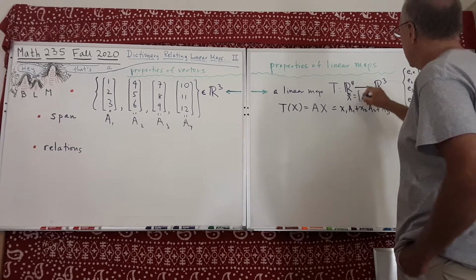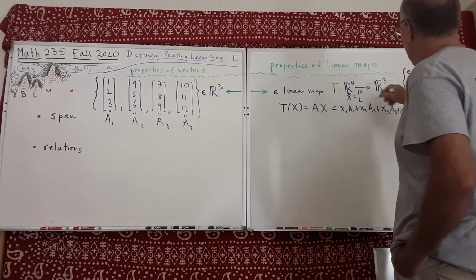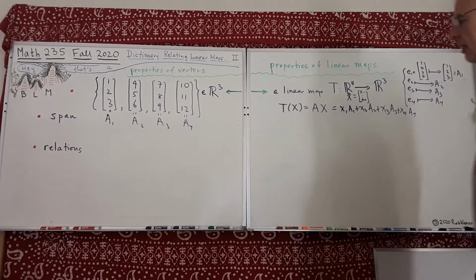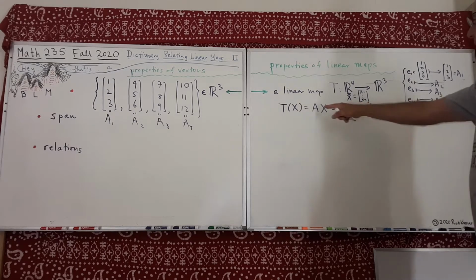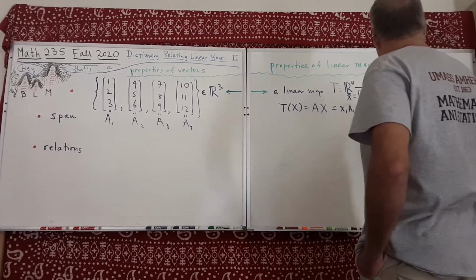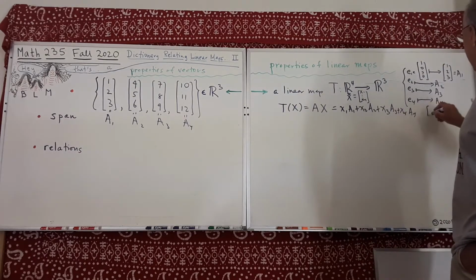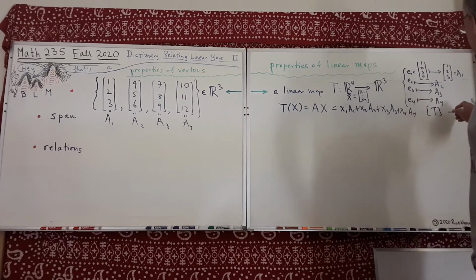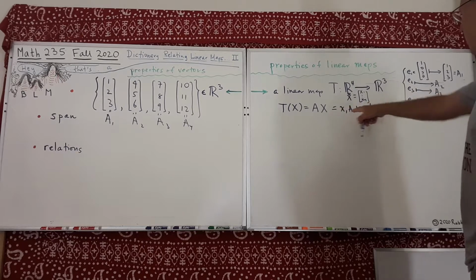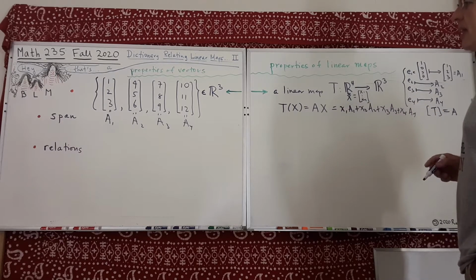X, of course, is the linear combination of E1 through E4, namely x1 down to x4 if I write it as a column. So that's the linear map expressed as matrix multiplication. Yet another way to say this is that the standard matrix for T is just the matrix A, whose columns are A1 up to A4.